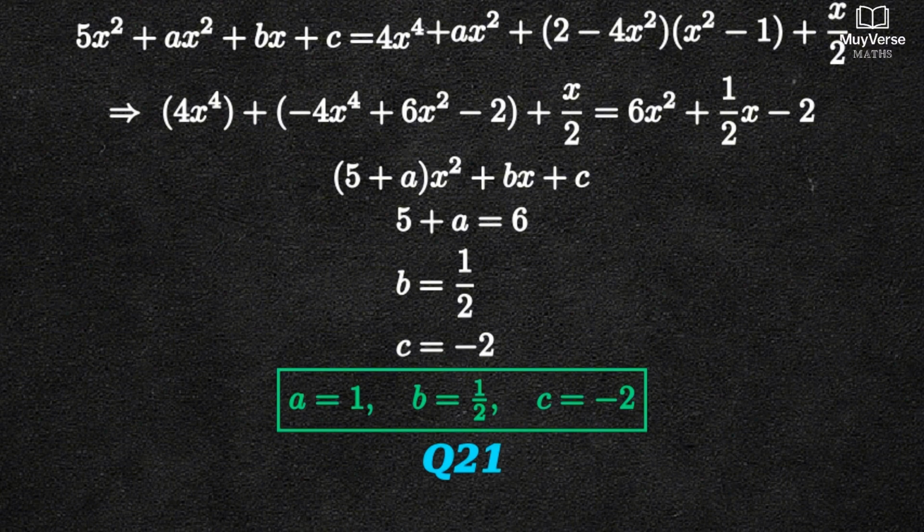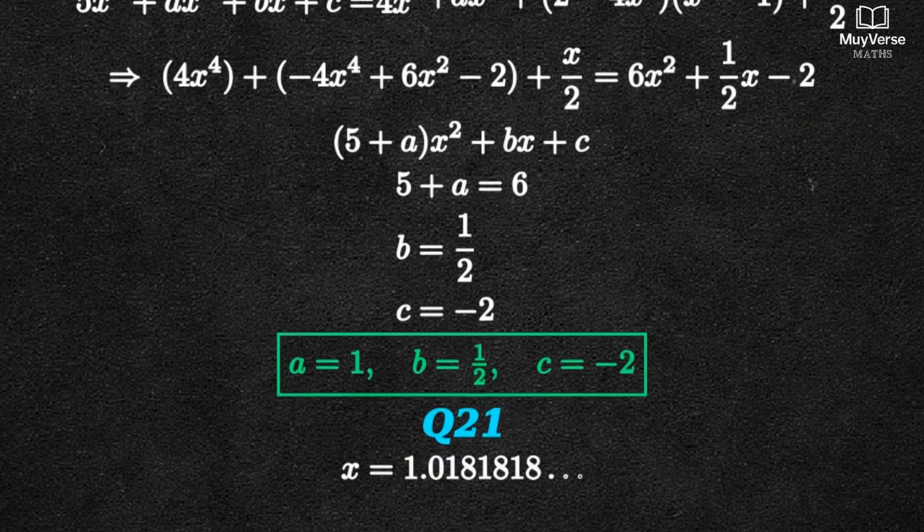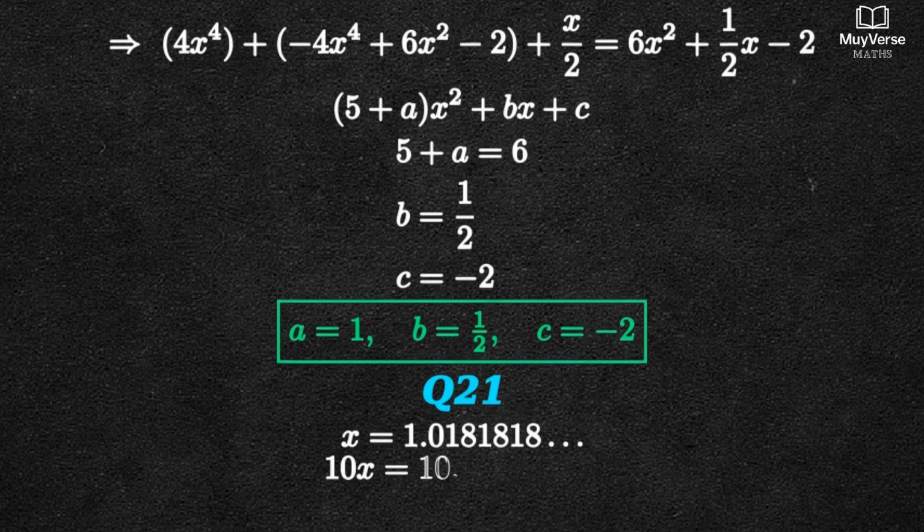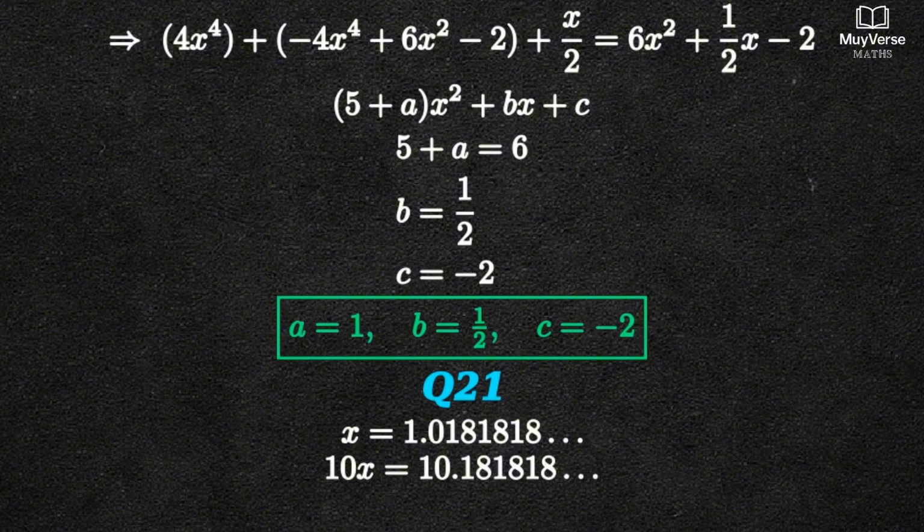Question 21. Prove algebraically that 1.018 repeating equals 56 over 55. Let x equal 1.0181818 and so on. Multiply by 10 to move the non-repeating part. 10x equals 10.1818 repeating.